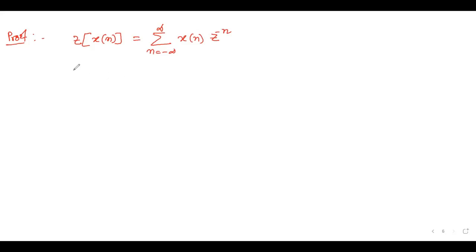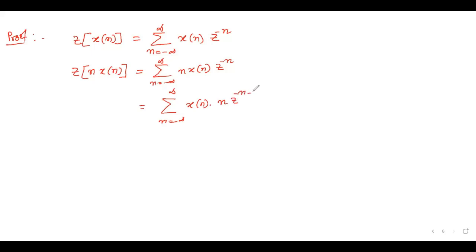Now the z transform of n x[n], using first principle, is the sum of n x[n] z to the power minus n. We can club this in z to the power minus n minus 1.